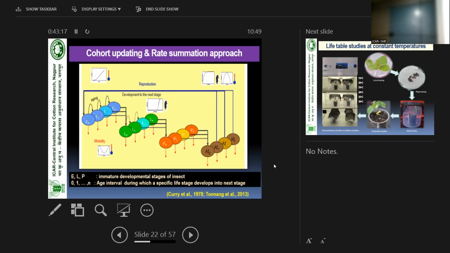That is cohort updating, meaning tracking the development of each cohort and updating it to the next stage. And rate summation means the proportion of development at that particular temperature, from 0 to 100%, until it completes the development and enters the next stage. It is very clear and simple with this figure, and I explained it with an example in the previous slide too. This is the entire theme of cohort updating and rate summation.